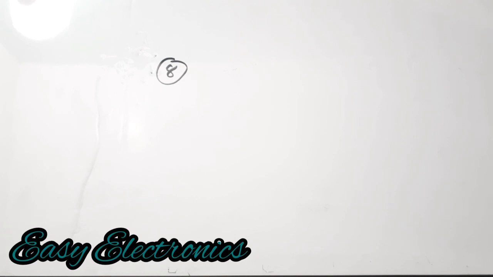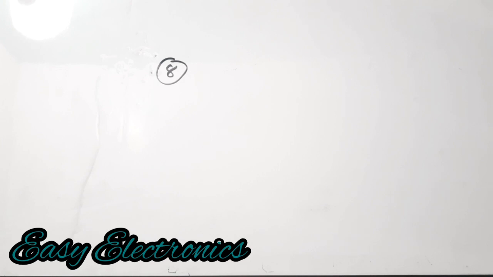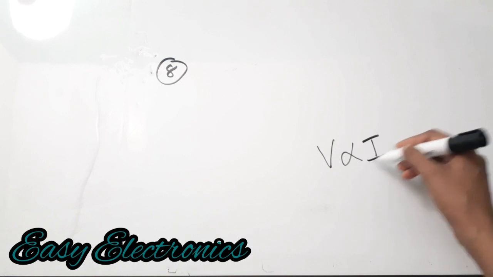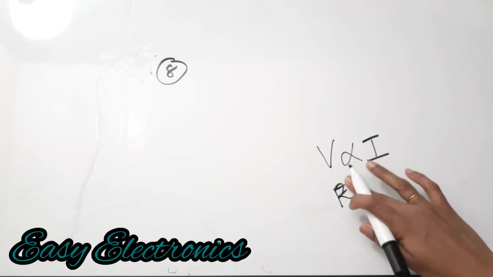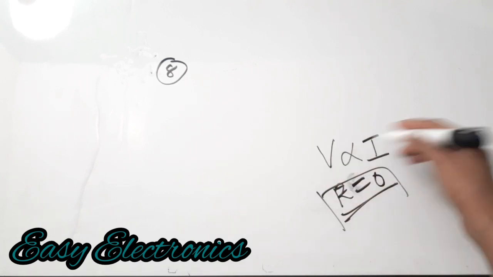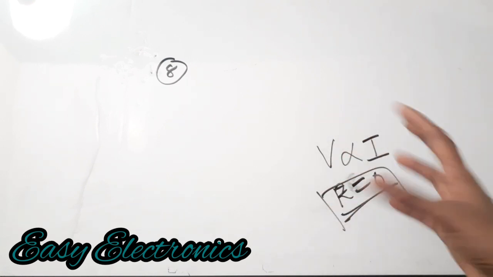For an ideal voltage source, we don't generally consider its internal resistance because we take it as 0. We consider that the voltage is directly proportional to current, and the resistance we take as 0, R equal to 0. The current varies linearly in accordance with the voltage we take.